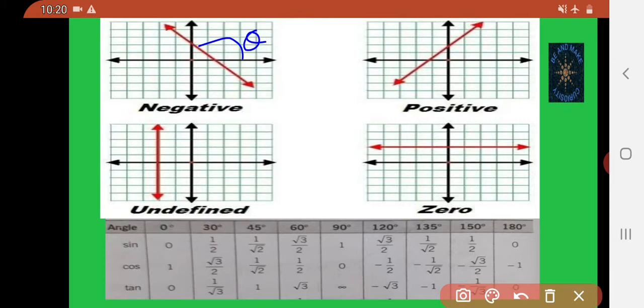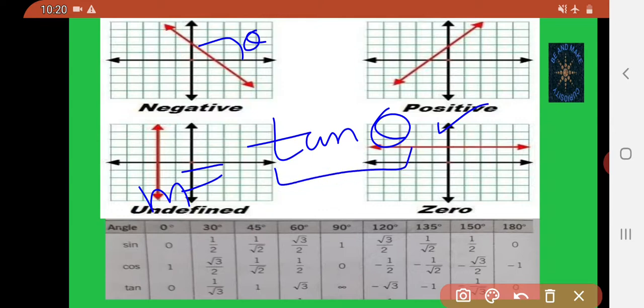So you know tan theta is your slope. Slope is what? Tan theta. So here theta is an obtuse angle.